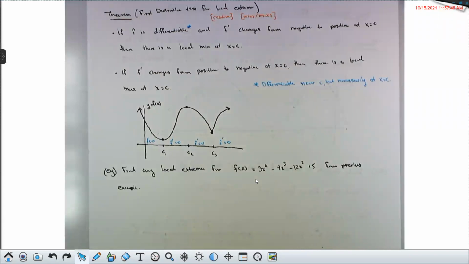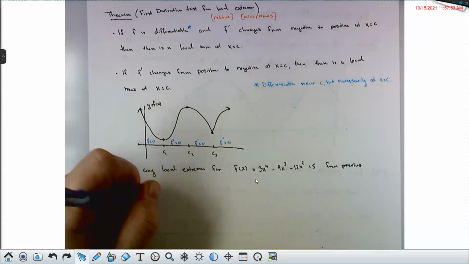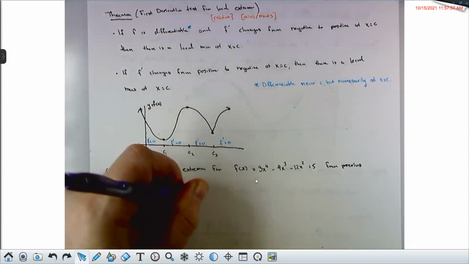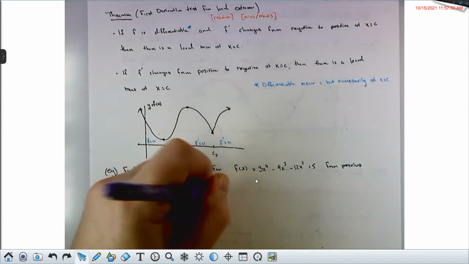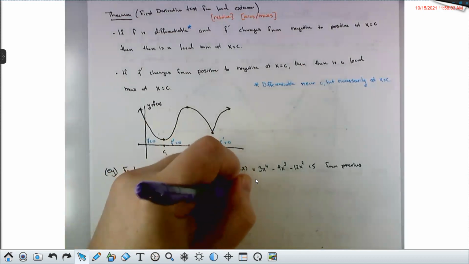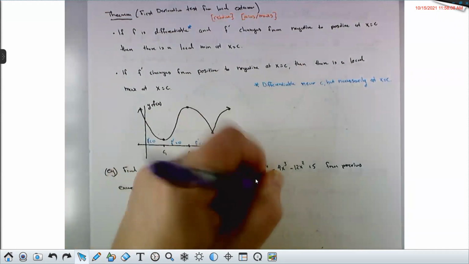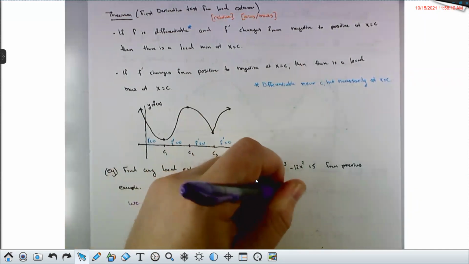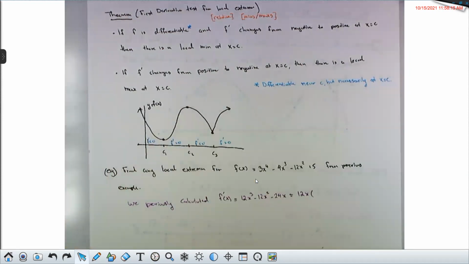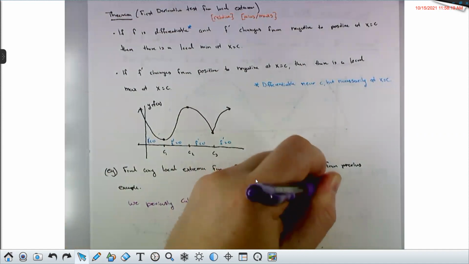So we've seen already, we previously calculated f prime of x as 12x cubed minus 12x squared minus 24x, which factored as 12x times x minus 2 times x plus 1.